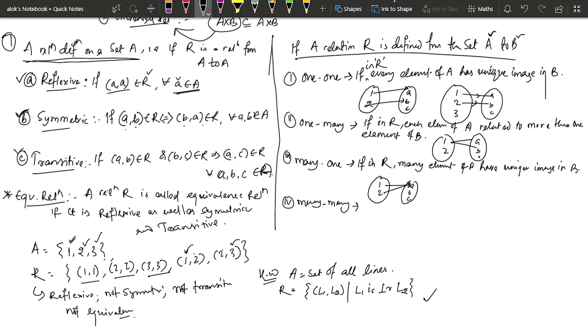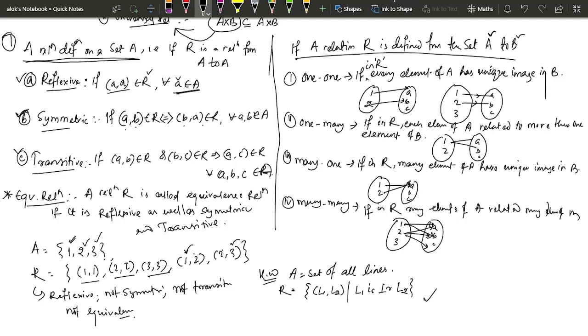And the last one is the many-many relation. So what is a many-many relation? If in a relation many elements of A are related to many elements of B, that is, suppose {1, 2, 3} and {a, b, c}, 1 is related to a, 1 is related to b, similarly 2 is related to a, 2 is related to b, 2 is related to c.